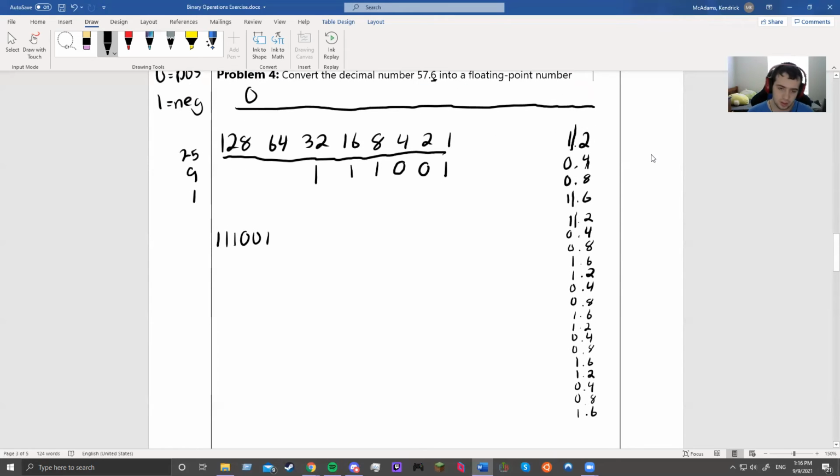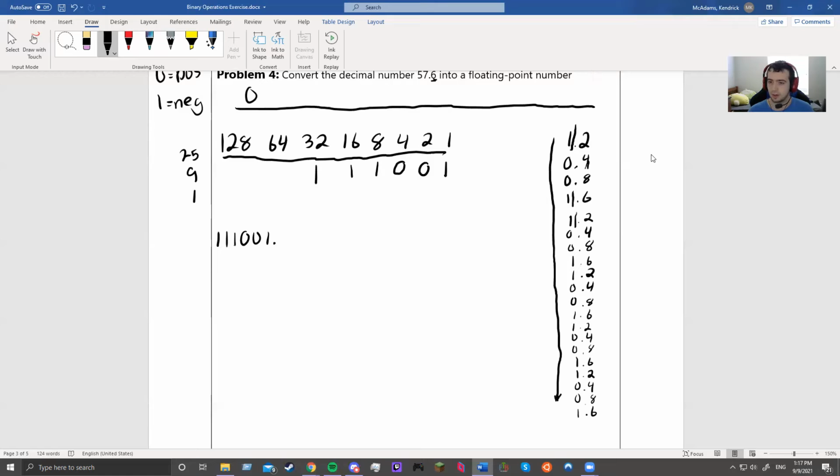So what we're going to do here is write it out side by side like you would a normal number. We're going to start from the top and go all the way down. All the numbers on the left are the ones that go in the binary. See a 1?